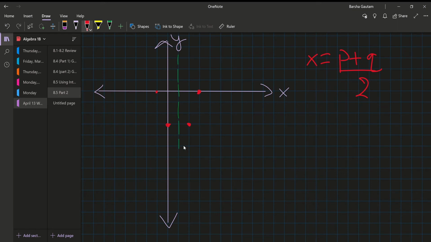Okay, so how can we find this vertex though? Well, what we can do is use this axis of symmetry. We know that the point's going to be right here, and there's only one point on this line, right? This one's just a dashed line to show where it reflects as the axis of symmetry. So to figure it out, we're going to plug in this point, which is x = 1.